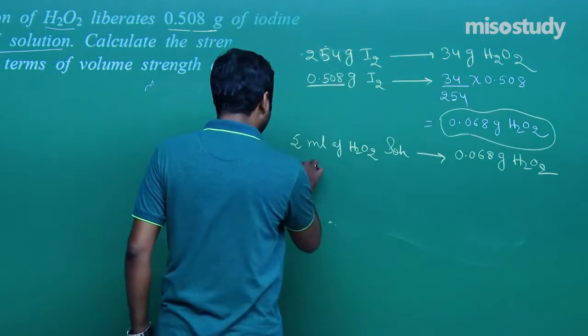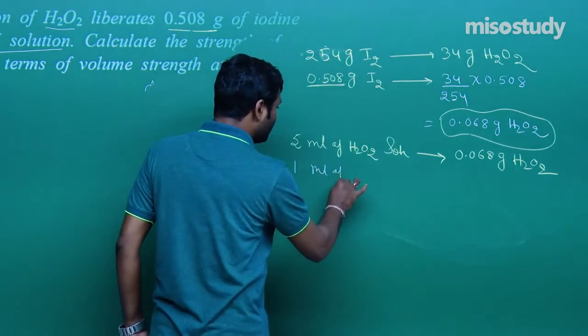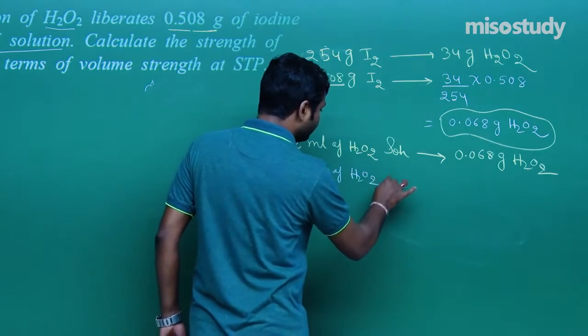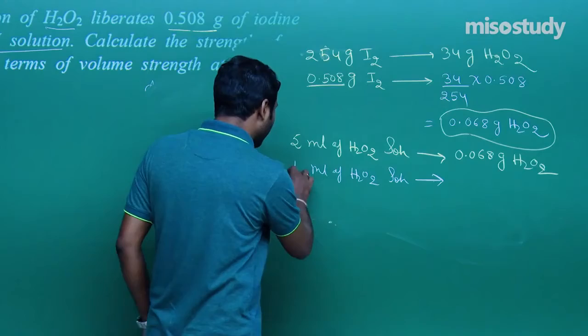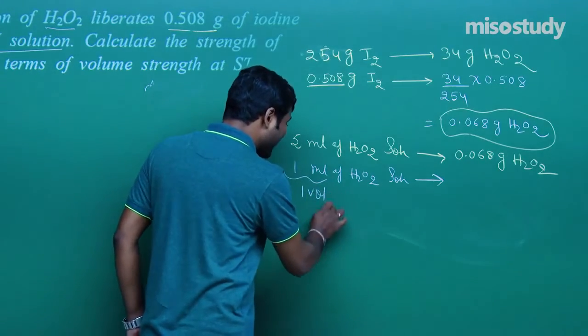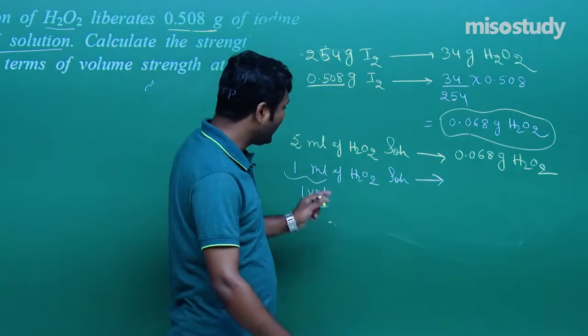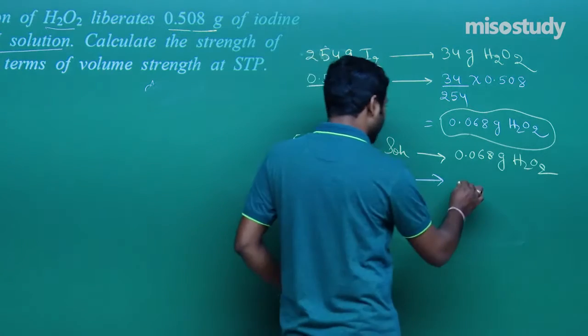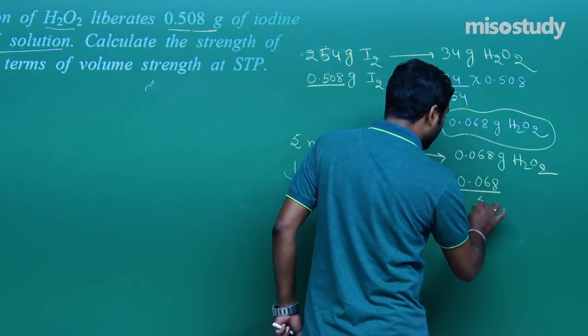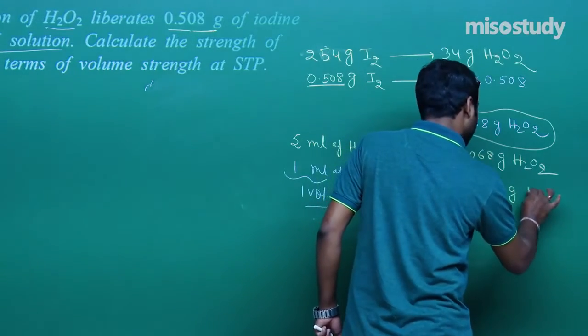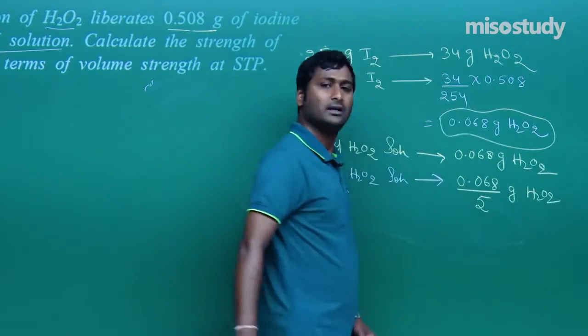So what will happen? 1 ml of H2O2 solution will contain, tell me, this is 1 ml or you can say 1 volume. This is a standard situation. 1 ml of H2O2 solution contains 0.068 upon 5 gram H2O2. Yes, you are correct.